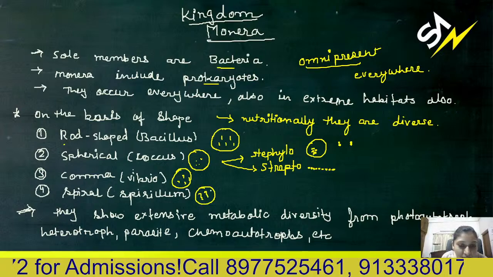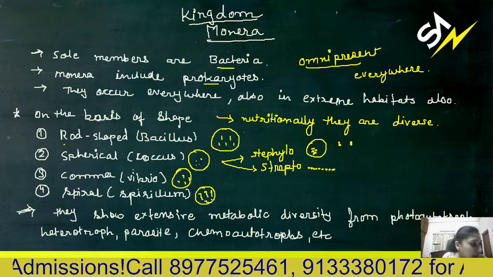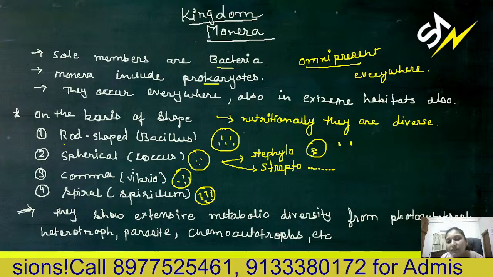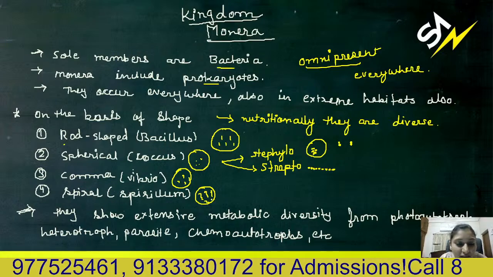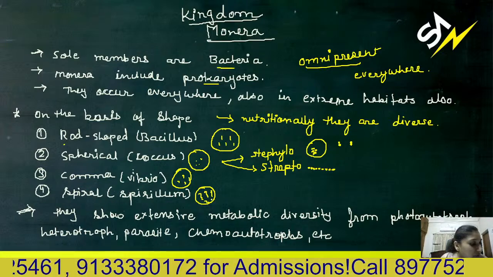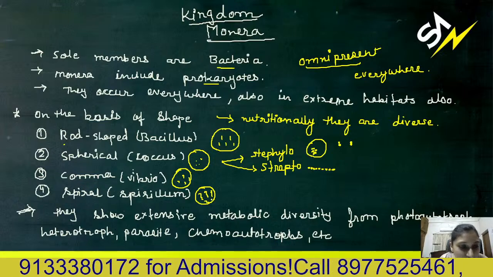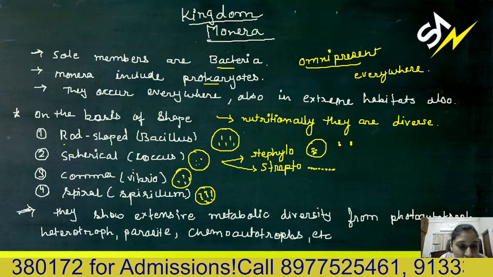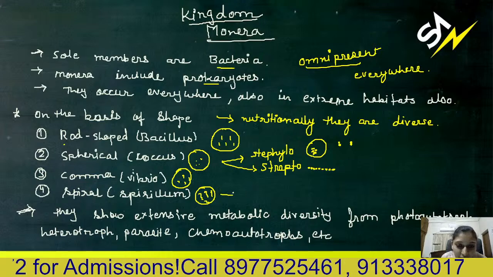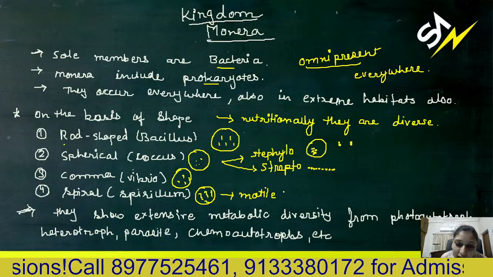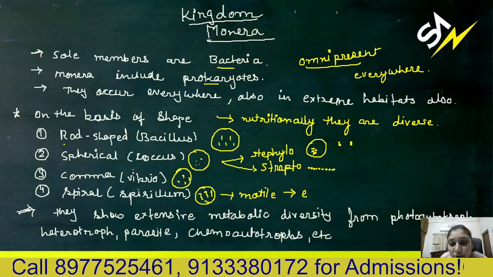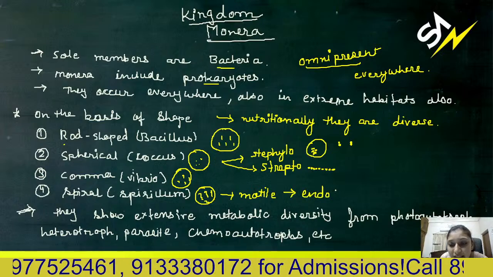If you have observed advertisements of any toothpaste or toothbrush, they show this type of spiral organism present over our teeth. They are motile with endoflagella.